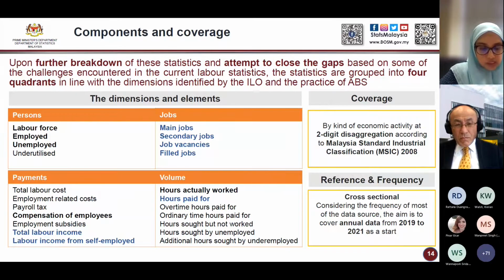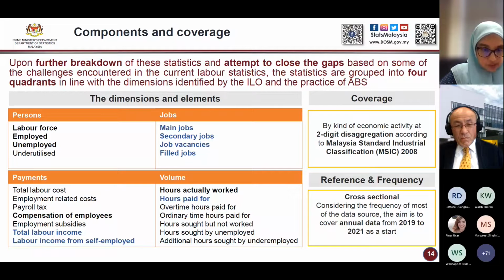As for the jobs quadrant, most of the 4 elements or indicators are only partially available. So we need to draw back into the identity equation and make sense of what we have and how we want to balance this.